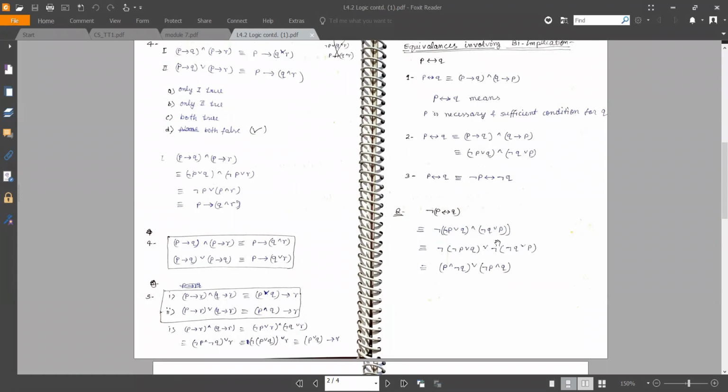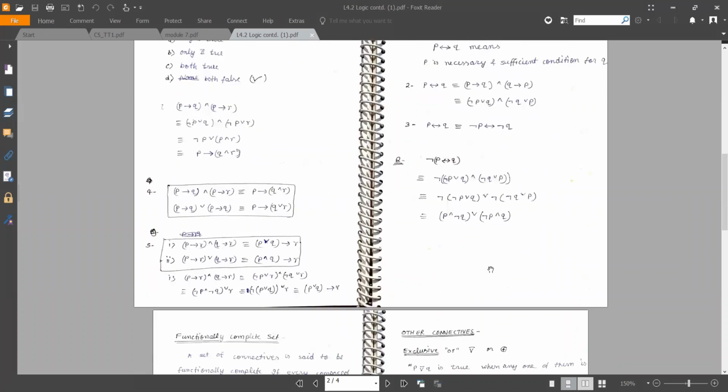Applying De Morgan's law here, we can put a negation outside of the second bracket. So this is what we got with the second term. Similarly, the same thing can also be done with the first operand. And now we have this one. You can pause and verify this expression.